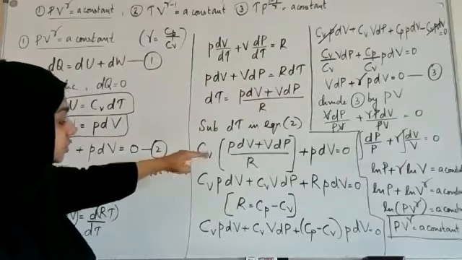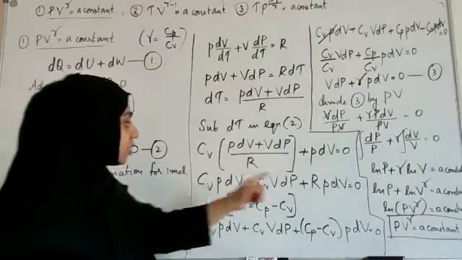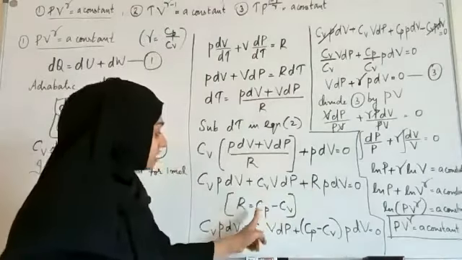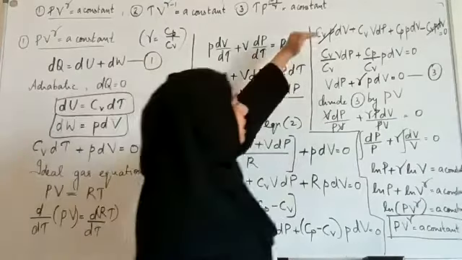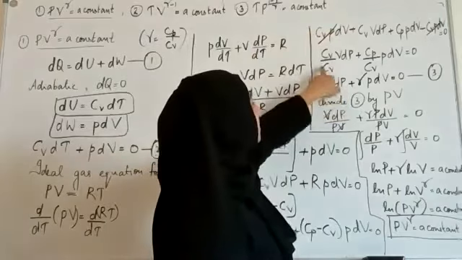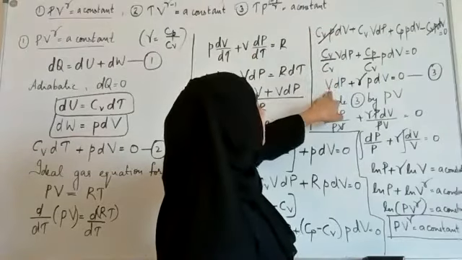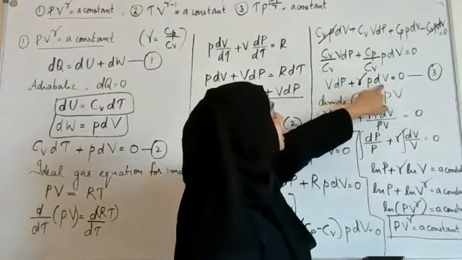Now, when we substitute and rearrange, we also substitute for R, Cp minus Cv. And when we rearrange, we will end up with Cp Vdp plus gamma Pdv by putting Cp by Cv as gamma.